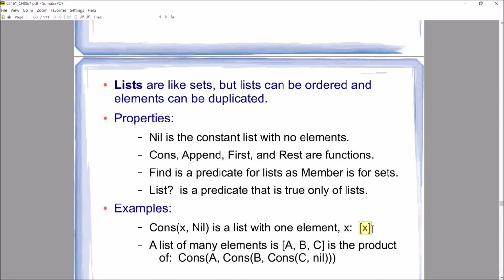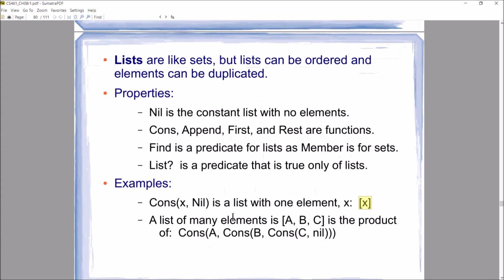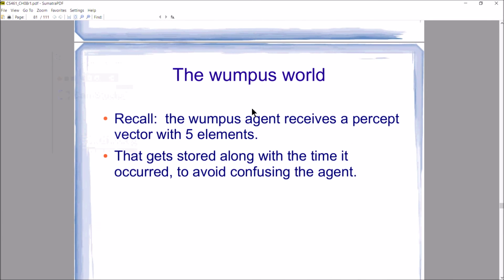Maybe you were playing around with that in Lisp, and that's where that comes from. A list of many elements is A, B, C. Some of you answered this question on your test, writing it the exact same way, by putting together a bunch of nested cons ending with a nil, okay?